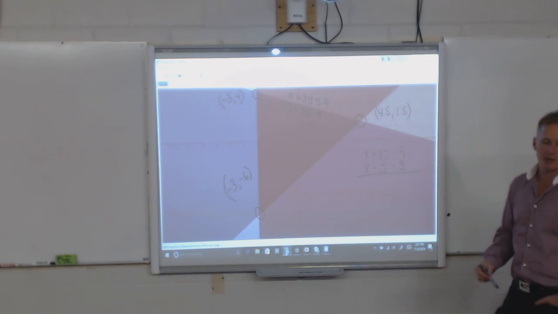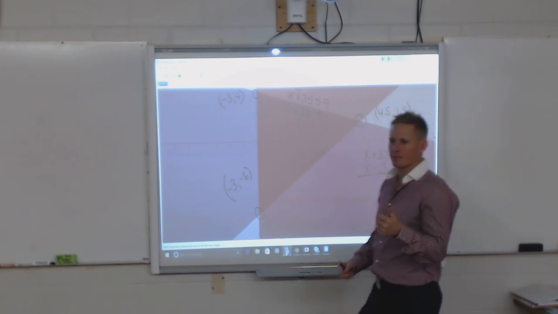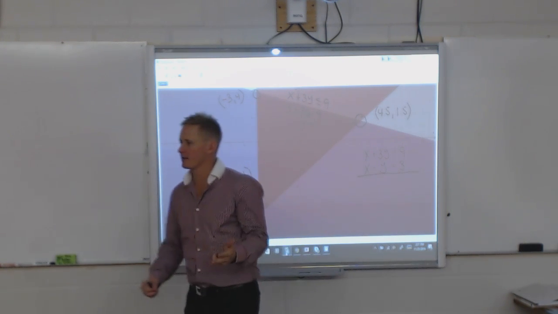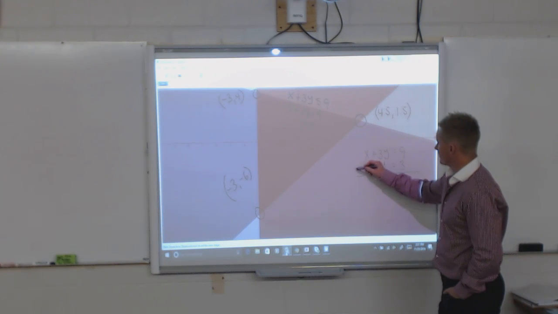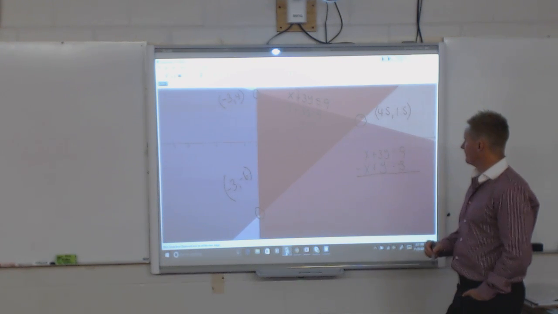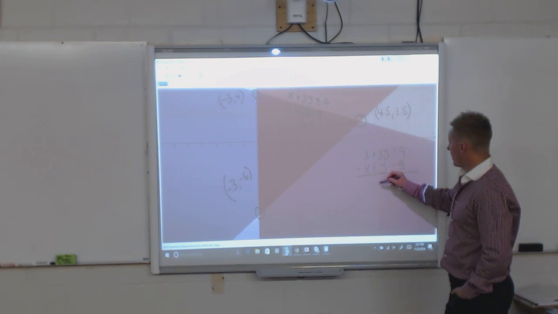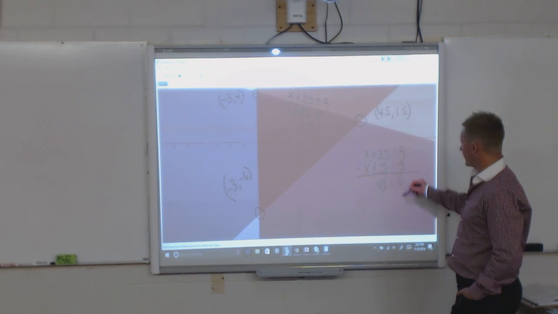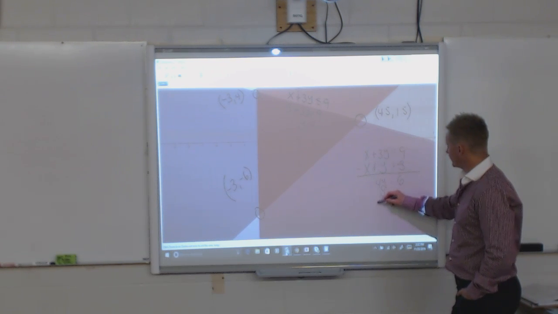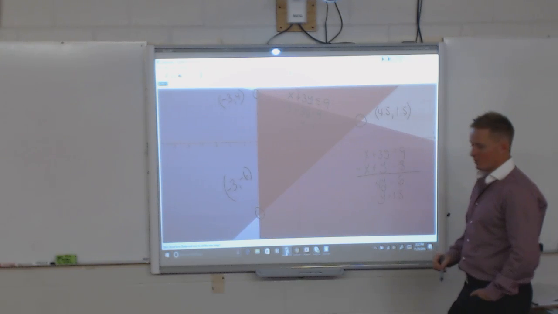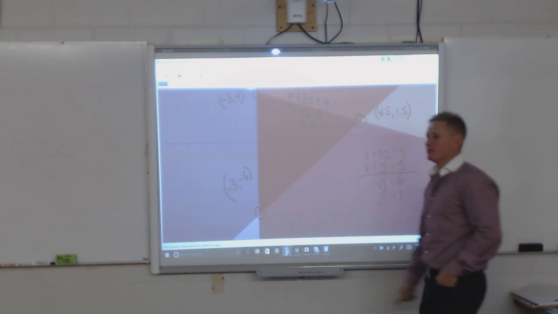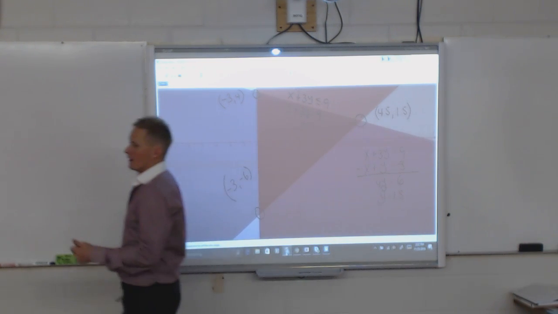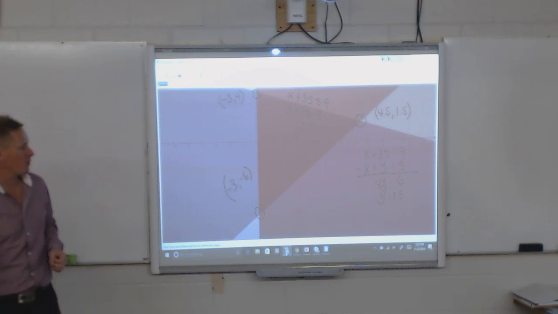Remember, we learned methods like elimination, substitution, adding, and subtracting. I'm going to subtract these two, so I change the signs and add them. That gives me 4y, and 9 subtract 3 is 6, so y is equal to 1.5. This is what you do when you don't have the graph, to find where those coordinates are equal to each other.